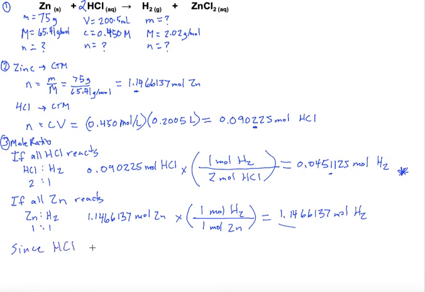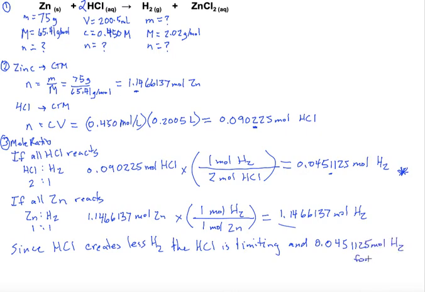Since HCl creates less H2, the HCl is limiting, and 0.04511125 moles H2 forms. Right, so now we're done our mole ratio step. We identified what was limiting. It's the HCl because it ends up creating less H2, and we know how many moles of H2 get produced.